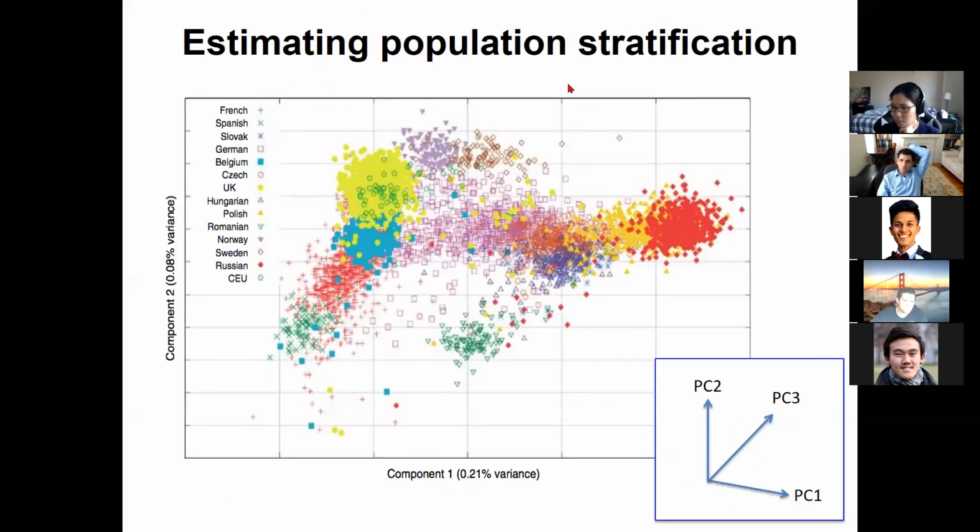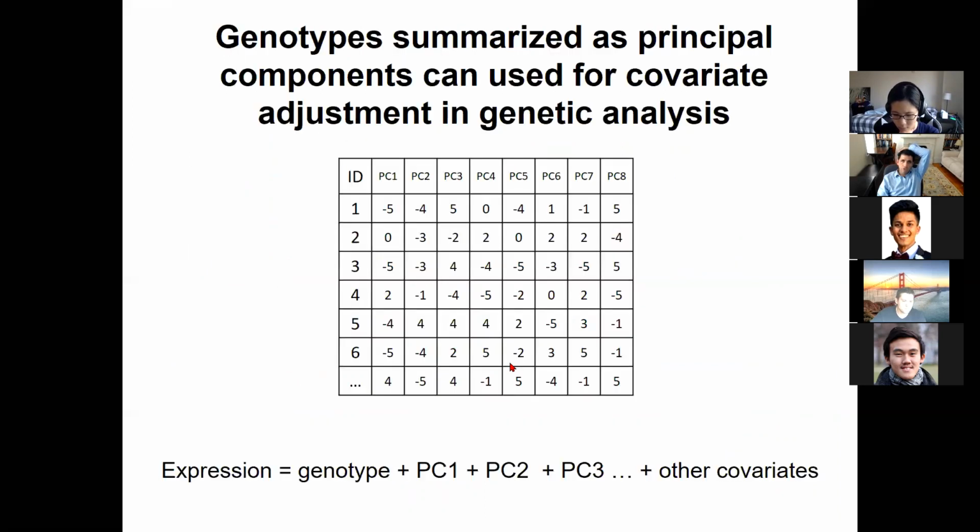So you can estimate this population stratification, and we saw this map of Europe earlier, where you basically have Russia here, the UK here, you have Spain down here, and then Sweden up there, and so on and so forth, which correlates very much with the axis of migration in the European continent.